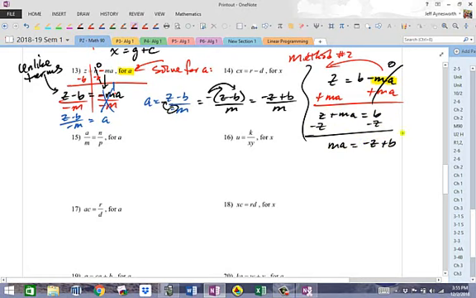Why? Because b is positive up there. I added the opposite to both sides. At this point, you can divide by m because it's being multiplied. And you get 1a, or a here, is equal to negative z plus b divided by m. Notice that these things are the same. So method 1 or method 2 gives you the same result.